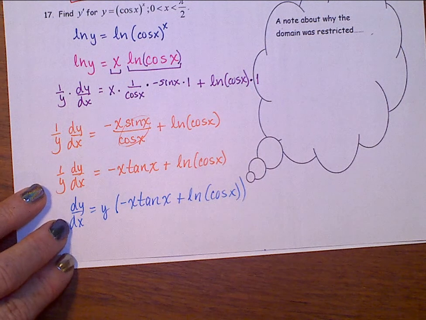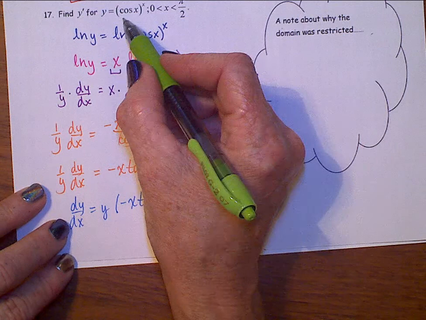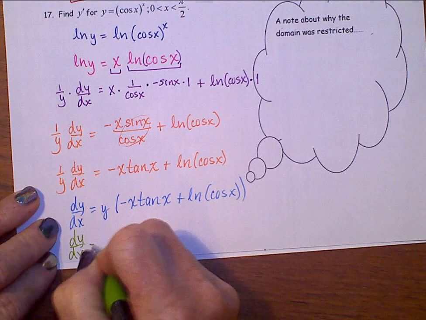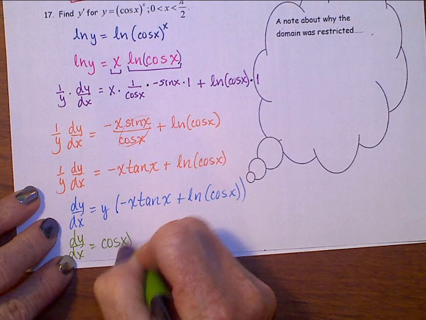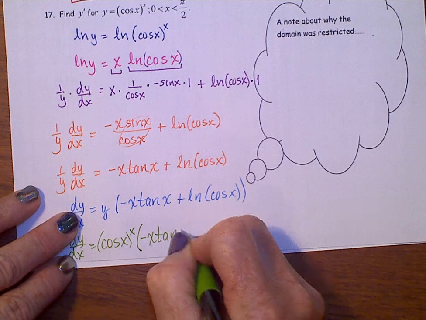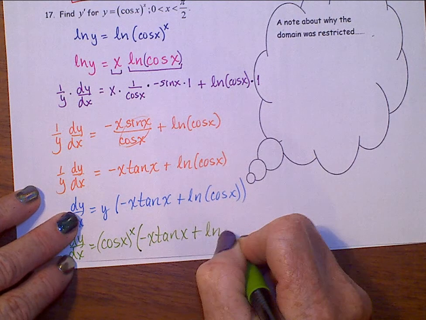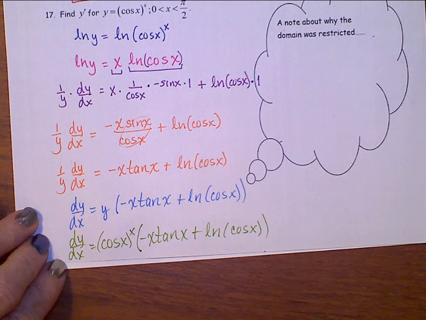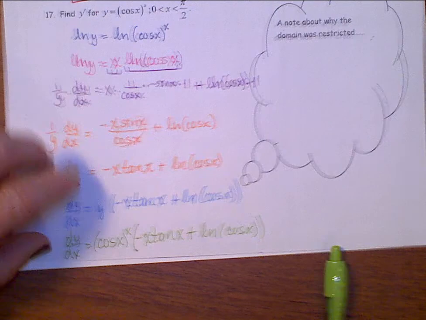And then sub back for the y, which was originally cosine x to the x. So dy dx is cosine x to the x times negative x tangent x plus the natural log of cosine x. Whew. And there we go. There's your derivative.